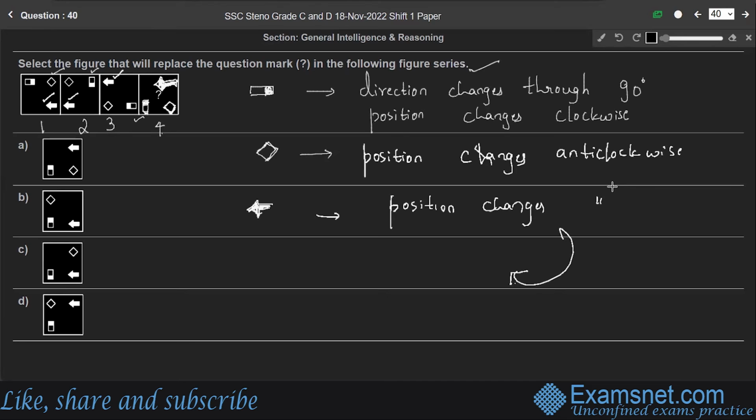When it comes to the diamond shape, the position changes anti-clockwise, and for the arrow, it changes clockwise. Am I right? Yes. Therefore, the fourth figure has to be option A. Is it the fourth figure? Yes, option A is the right answer.